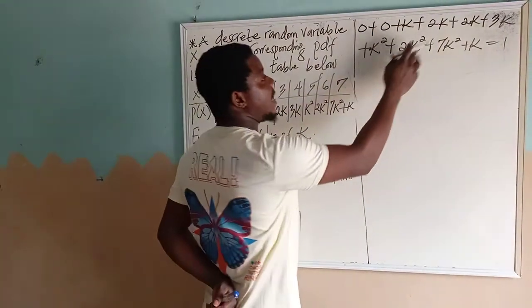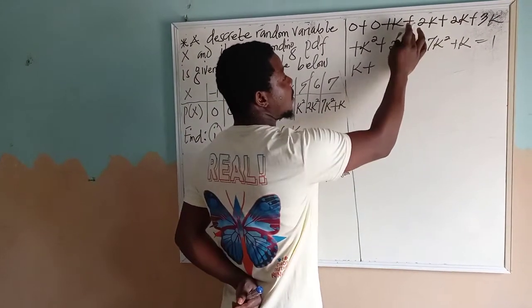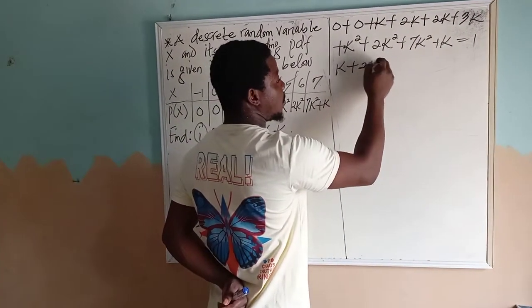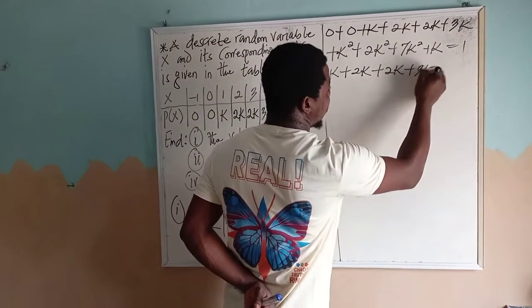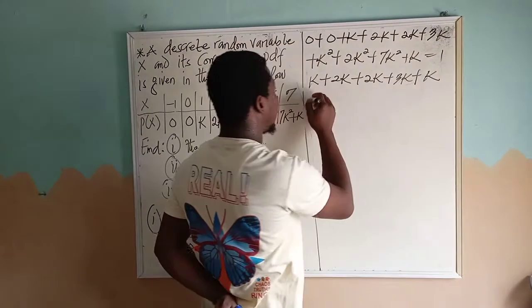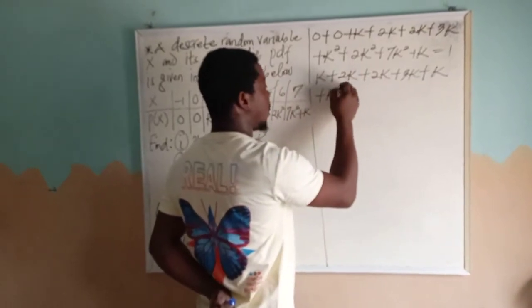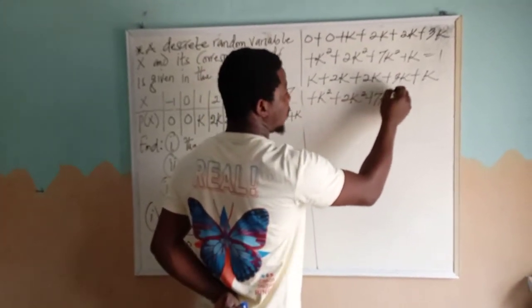So from here now, when you add everything together, all those that have k, bring them together. So you have k plus 2k plus another 2k plus 3k plus k here, and then plus your k squared plus your 2k squared plus 7k squared.